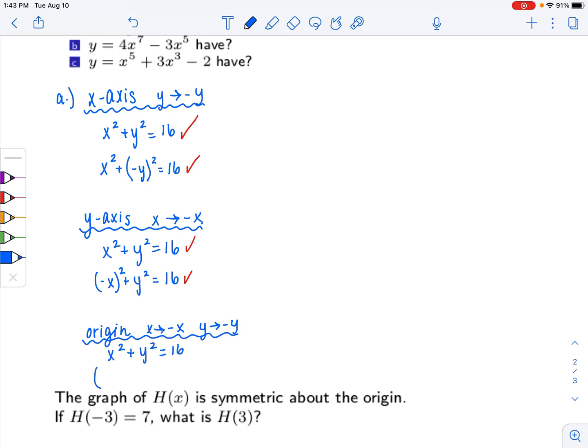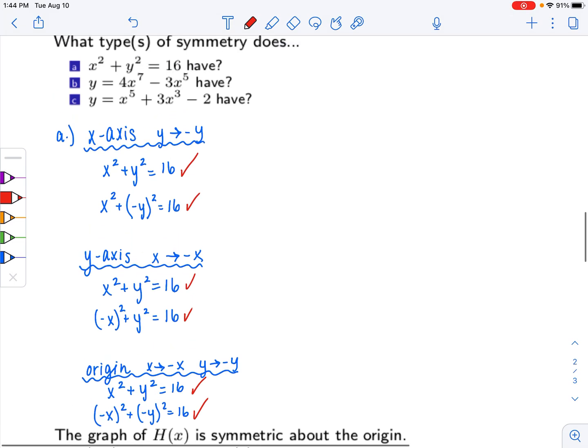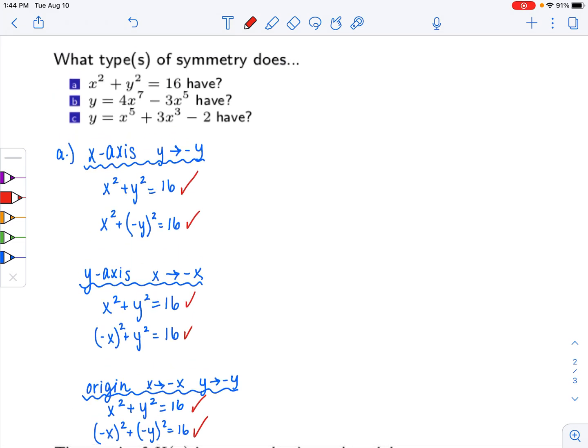And we need to figure out if I change the x value and the y value to its opposite, are these equations still the same? Bet your bottom dollar they are, because of squaring a negative. So overall, for what types of symmetry? You can write out x, y, and origin. You can just say all three. All three symmetries.